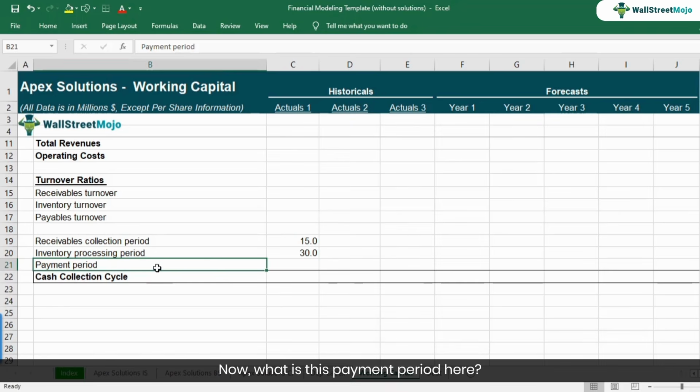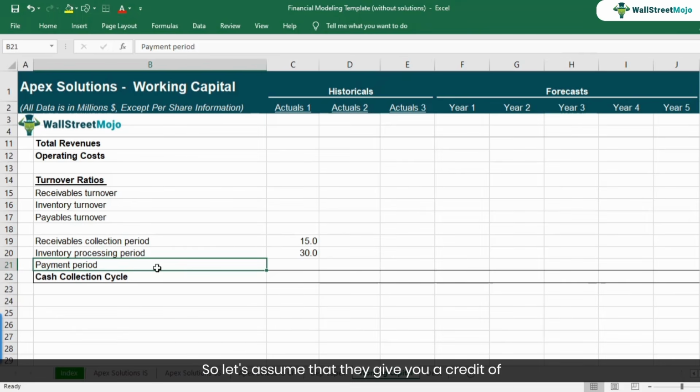Now what is this payment period here? Now payment period is basically, think of it like the accounts payable, right? When you're purchasing inventory from the suppliers, again suppliers may demand cash upfront, but in most cases you will get a credit period also associated from them. So you will have that leeway of paying them after 15 days or 30 days or 45 days, right?